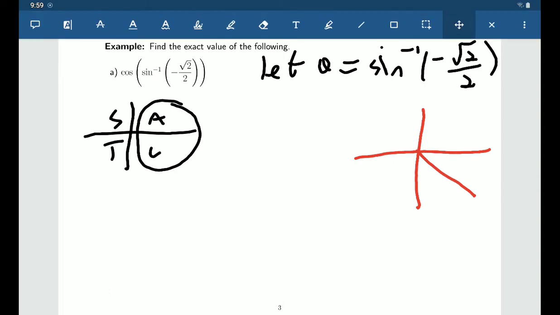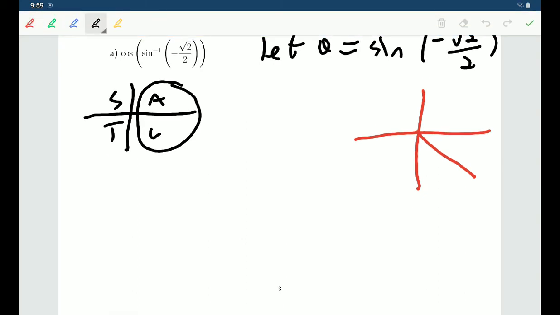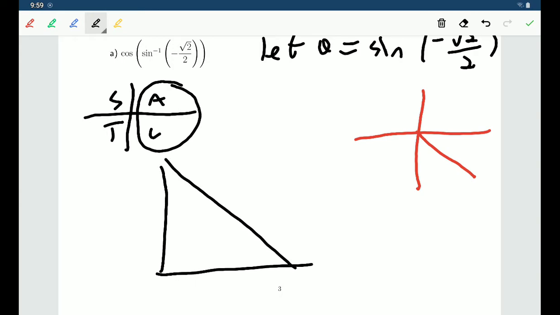Now, the next part is to recognize that negative root 2 over 2 is a number that hopefully has become very familiar to us, because we know that in the 45-45-90 triangles where the side lengths are 1, 1, and root 2, sine of pi over 4 is root 2 over 2, or 1 over root 2.